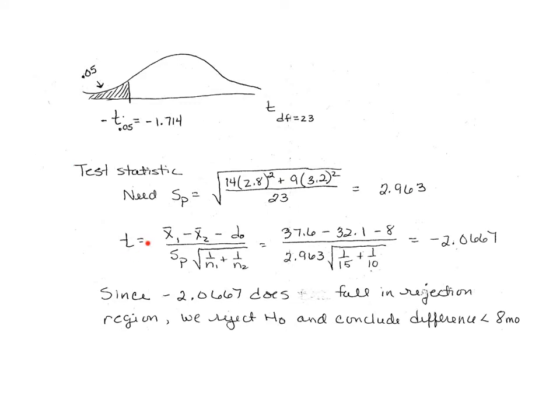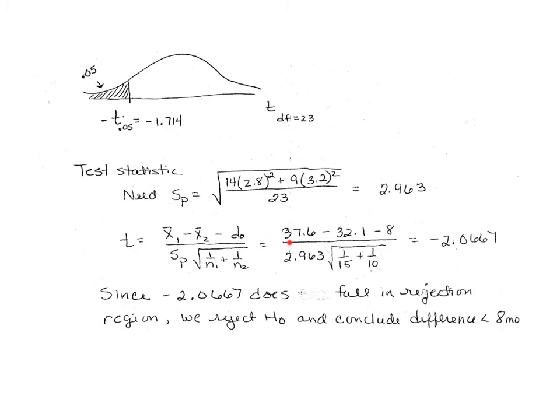To calculate our test statistic t, we take x bar 1 minus x bar 2 minus the difference established in the null hypothesis, divided by the pooled standard deviation times the square root of 1 over n1 plus 1 over n2. In all the cases we've looked at so far, d naught has been 0, because we just wanted the difference between the two groups. Here, we want to see about the difference between the two groups equaling 8, so d naught is 8.